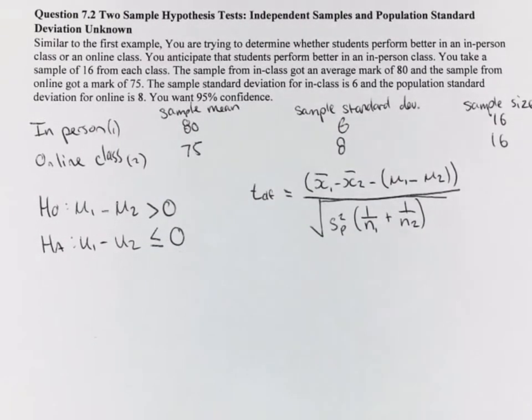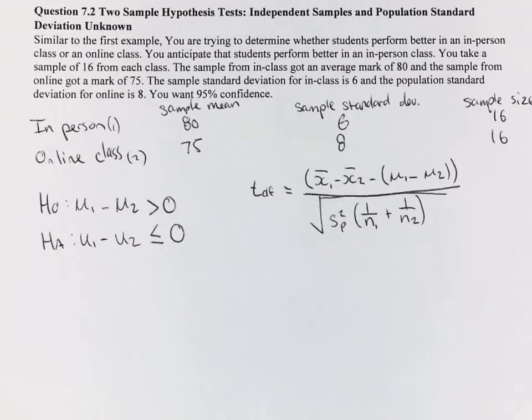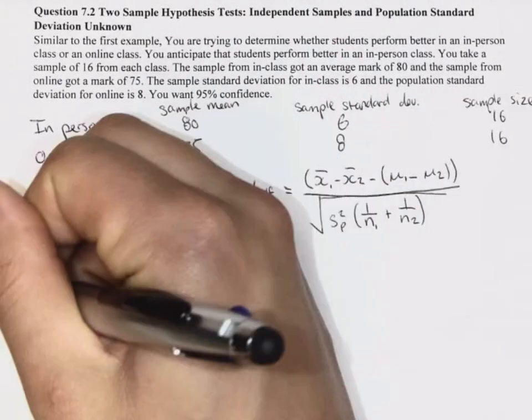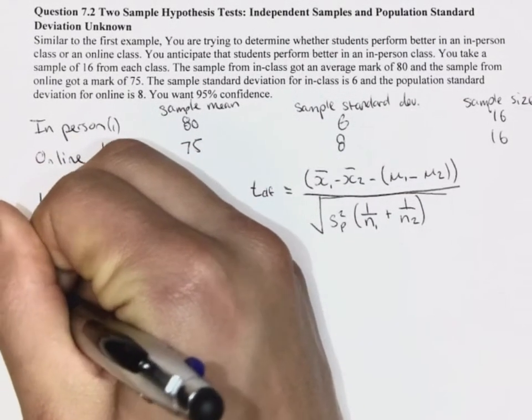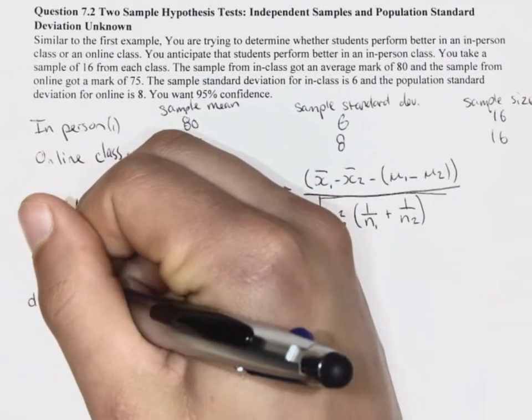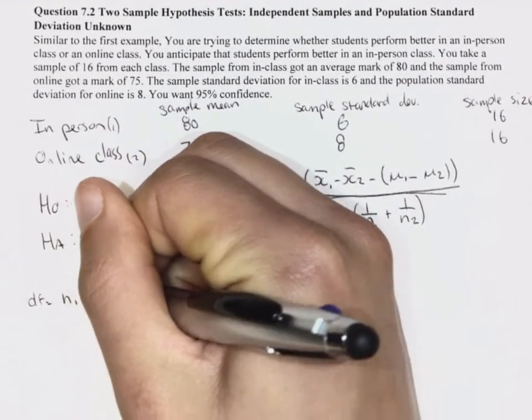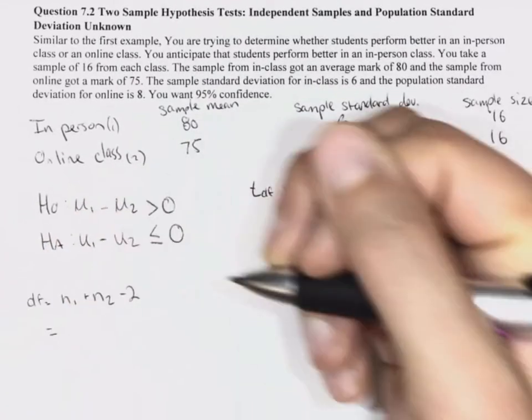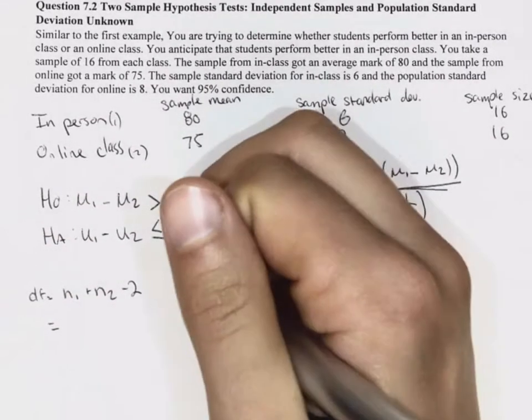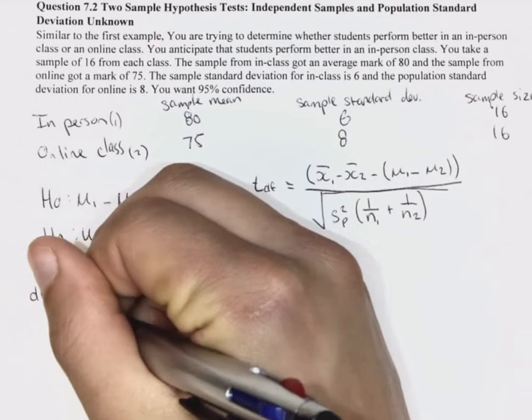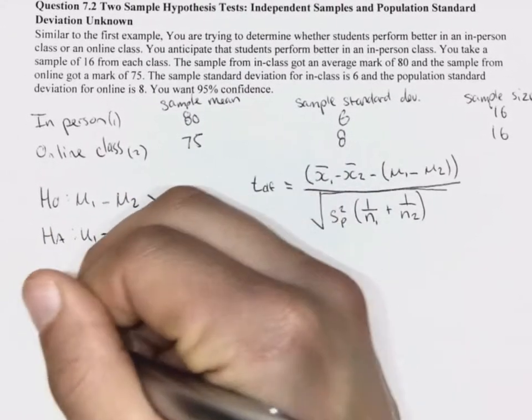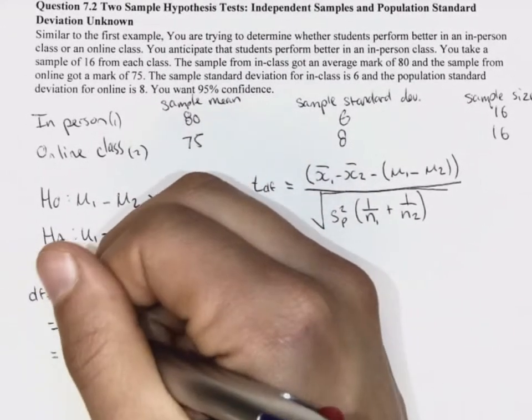So first thing we'll do is review our degrees of freedom. The formula for our degrees of freedom in this example is n1 plus n2 minus 2. 16 plus 16 minus 2, or 30.